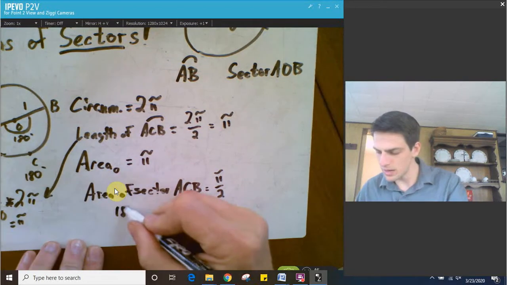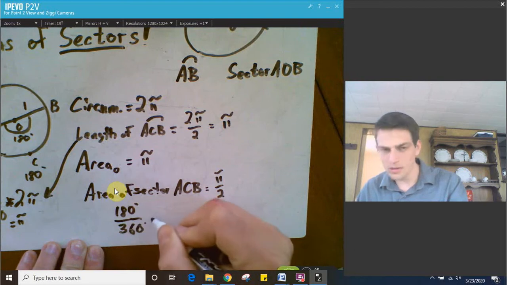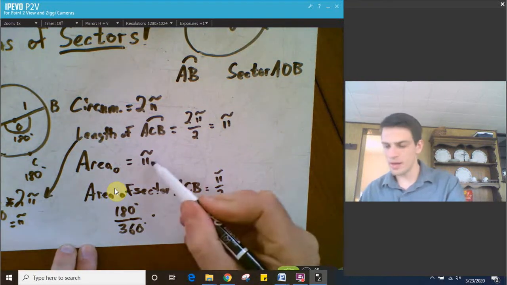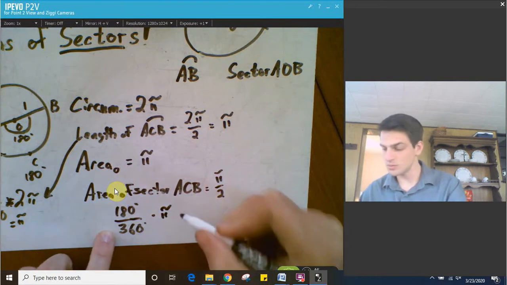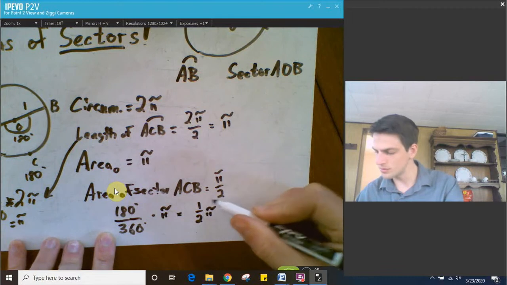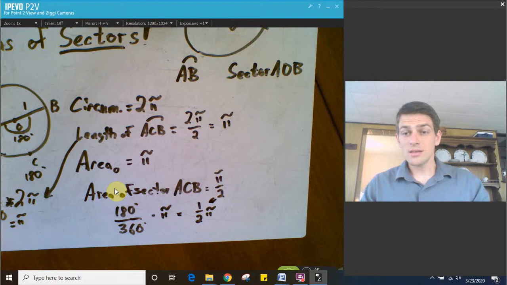So we have 180 degrees divided by 360, and we multiply that ratio by the area of the whole circle, which we said is pi. And then, once again, 180 divided by 360 is the same thing as 1/2, so this equals 1/2 pi, or pi over 2. So these are the same thing here.